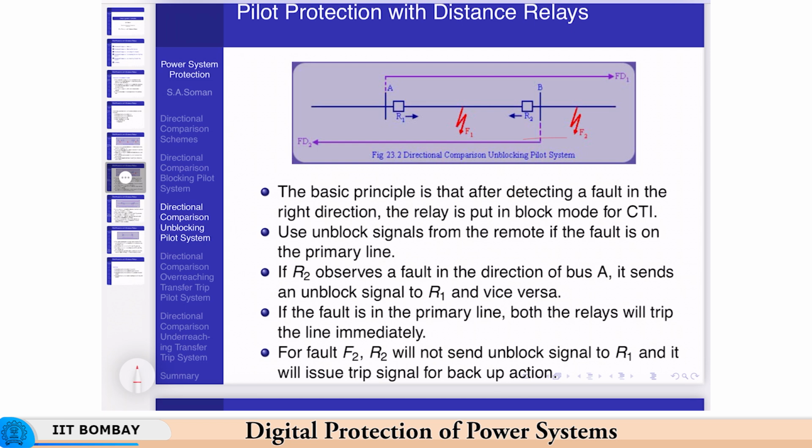So, there is an unblock signal sent to R1 and it will operate again in almost zone 1 time. So, for a fault on the primary section, the relays will trip almost immediately. However, for remote faults or faults beyond the remote bus, the normal zone 2 operation will be initiated.